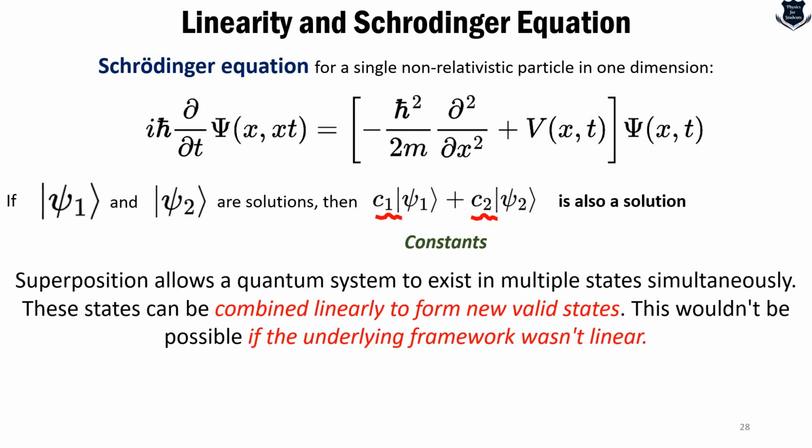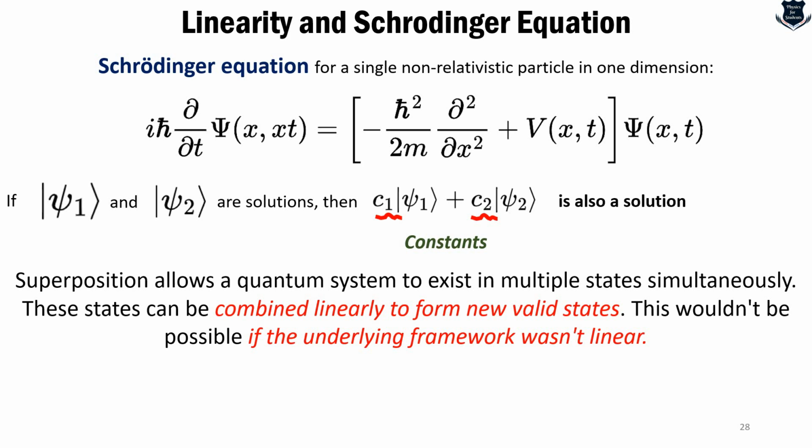And from here we get a wonderful idea: superposition allows a quantum system to exist in multiple states simultaneously, and these states combine linearly to form a new valid state. This would not be possible if the underlying framework was not linear, and that is why we need linear algebra to understand the underlying framework, which is very linear.